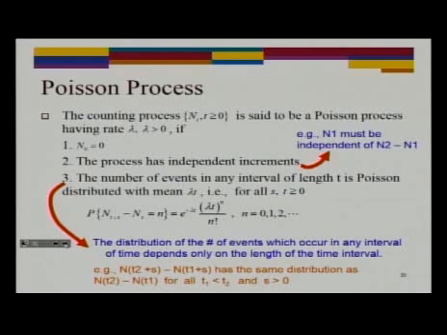So here, the number of events in the interval t sub 1 plus s to t sub 2 plus s has the same distribution as N sub t sub 2 minus N sub t sub 1, that is, the number of events in the interval t1 to t2. Is that correct?